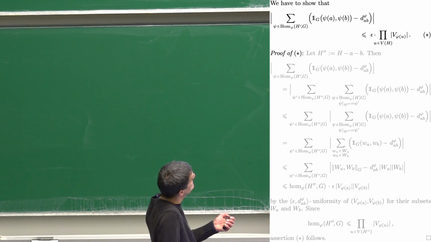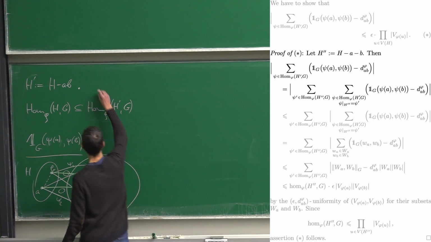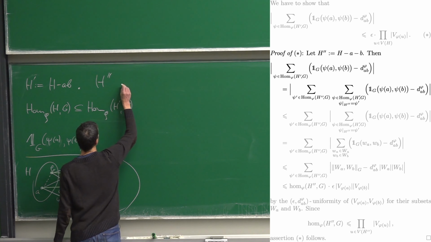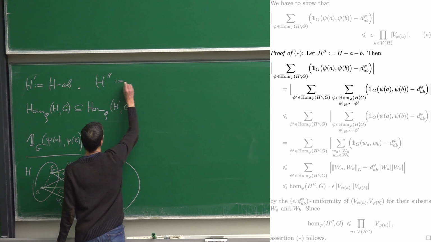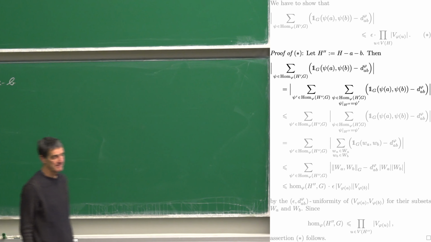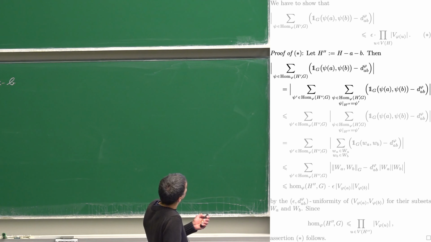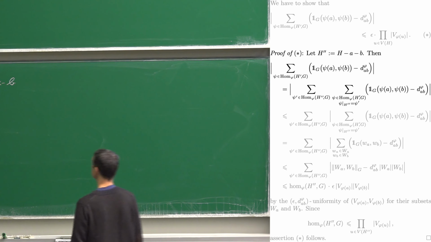And to prove that assertion star, we're looking at H prime in which we also deleted the vertices. So H double prime is H minus vertex A minus vertex B. So we have to estimate this big sum here, and the sum goes over all the psi's that are homomorphisms in here.